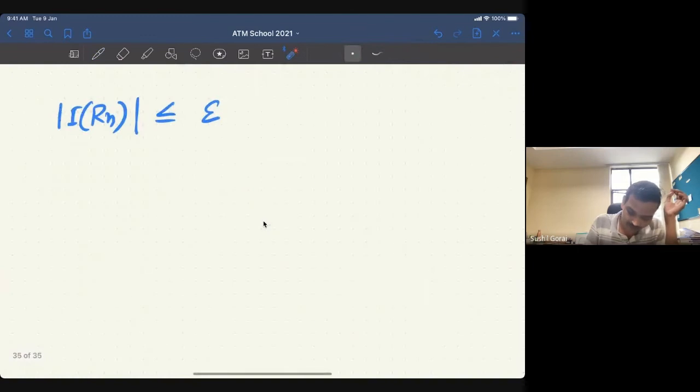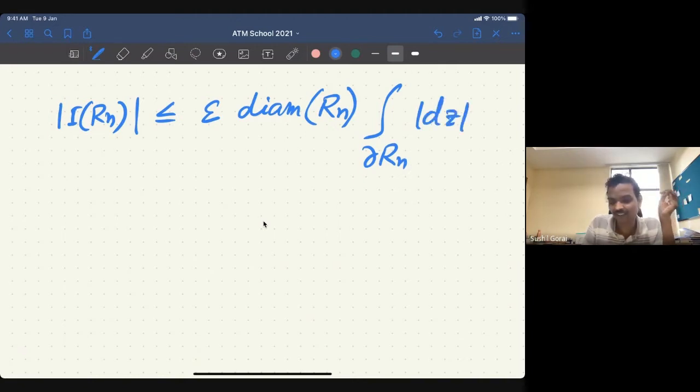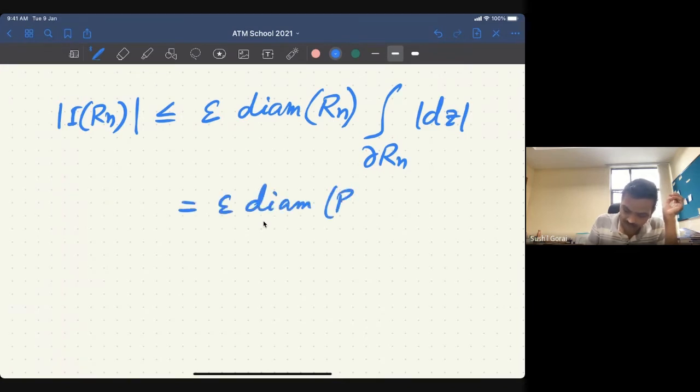So let's make it diameter of Rn, and you have the integration over del Rn of |dz|. And what is this? This is the length of the curve del Rn, which is just the perimeter of the rectangle. So this is epsilon times diameter of Rn times length of del Rn. All right. Let's call this 3.